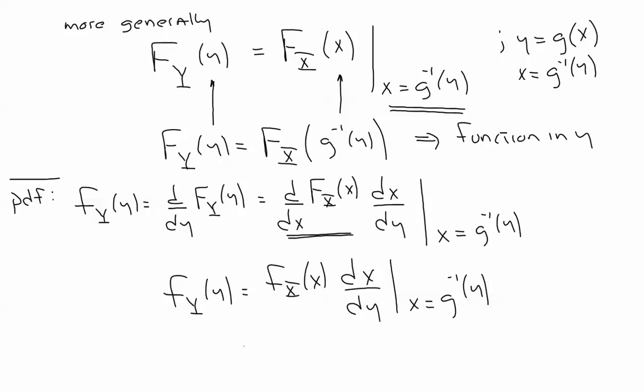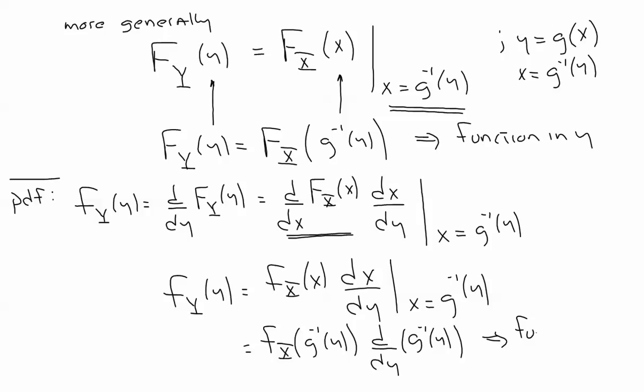And one last step, I'll summarize this once I get through a little bit more math. This is going to be the probability density function, functional form for x, substituting in g inverse of y, times the derivative with respect to y of g inverse of y. Once again, I get a function in y.